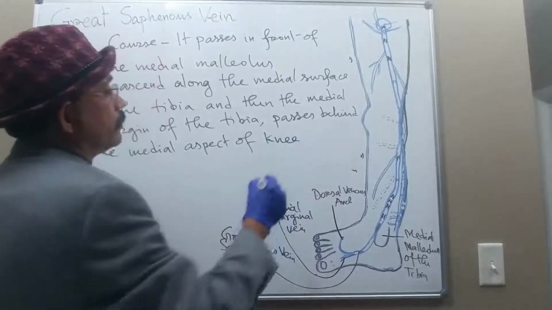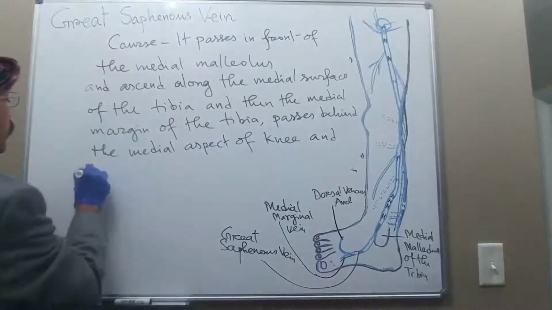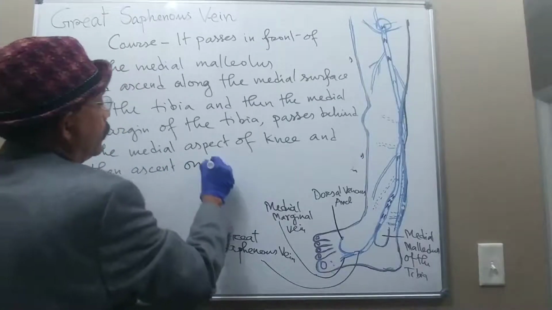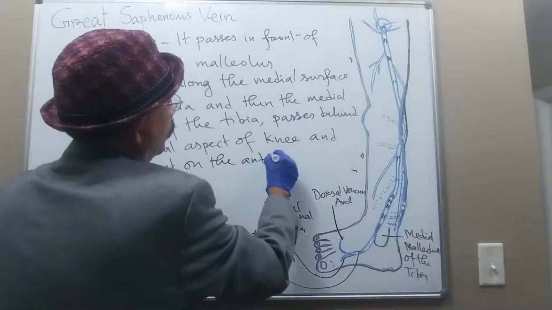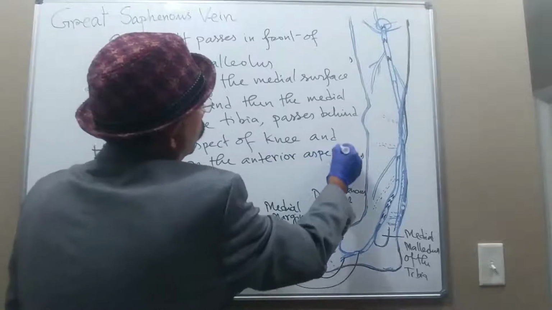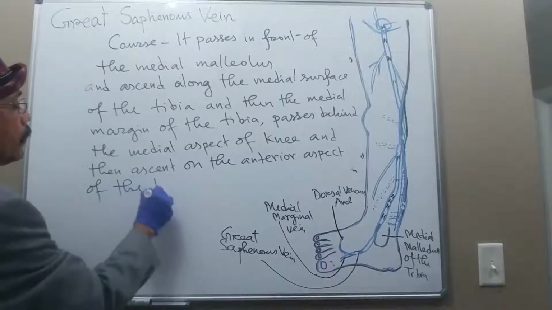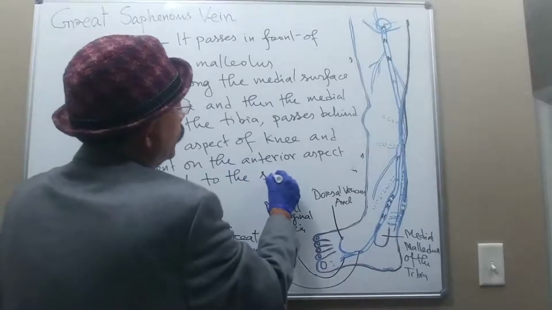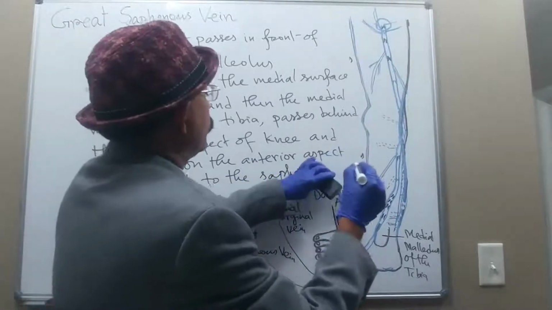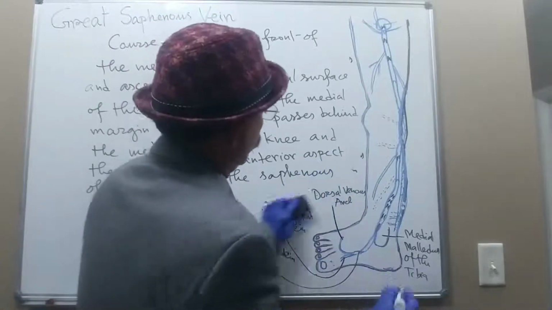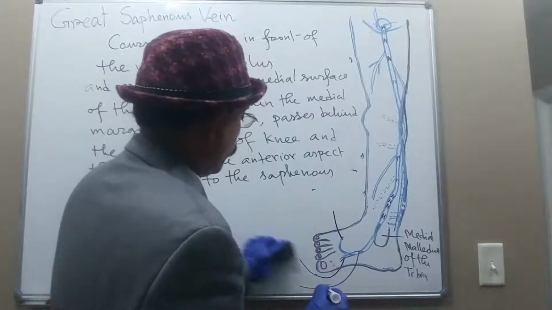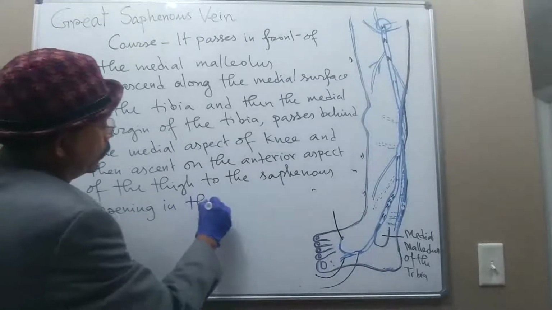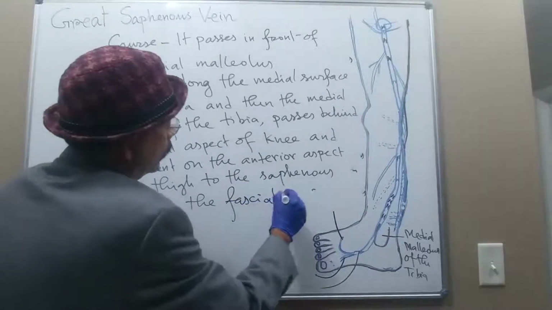And then ascends on the anterior aspect of the thigh to the saphenous opening, the opening in the fascia lata.